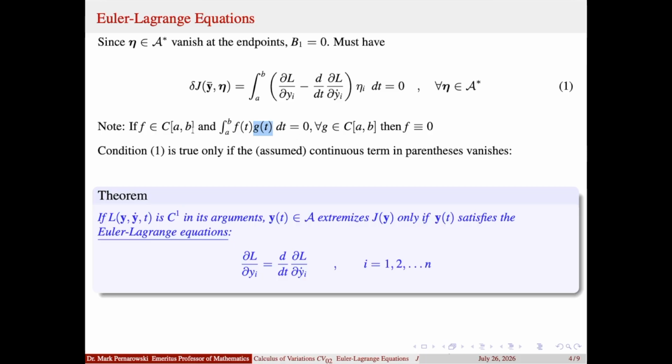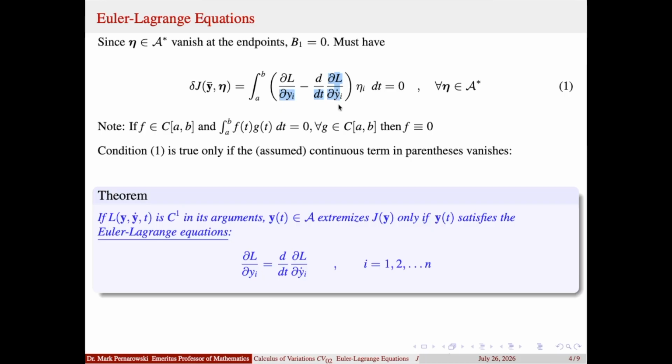There's a theorem in analysis that says if a continuous function times an arbitrary continuous function integrates to 0 for all those arbitrary functions, then this function f must be 0. That theorem applied to this expression says the term in the parentheses here that I'm trying to highlight must vanish.